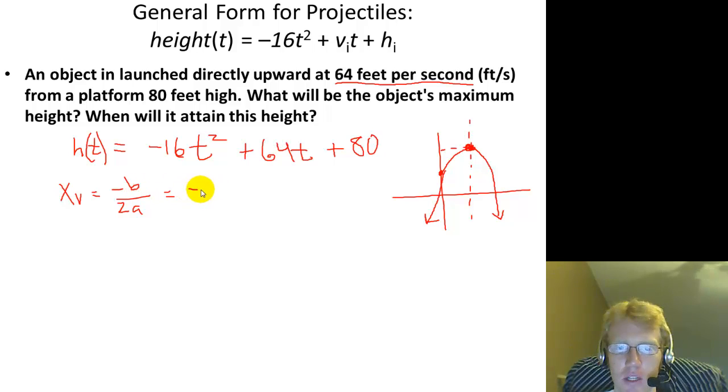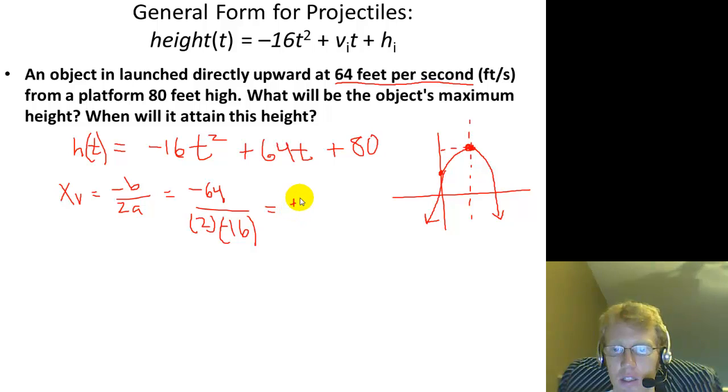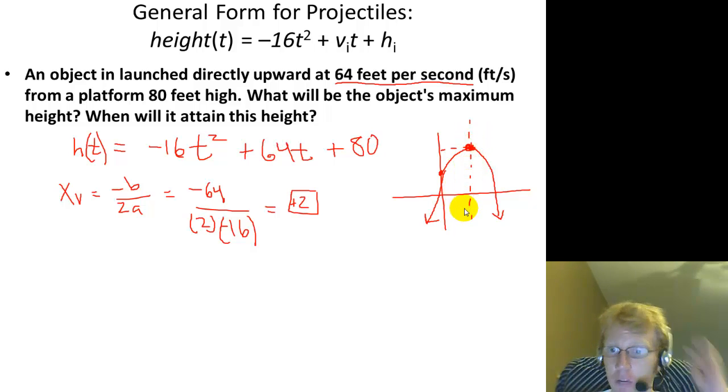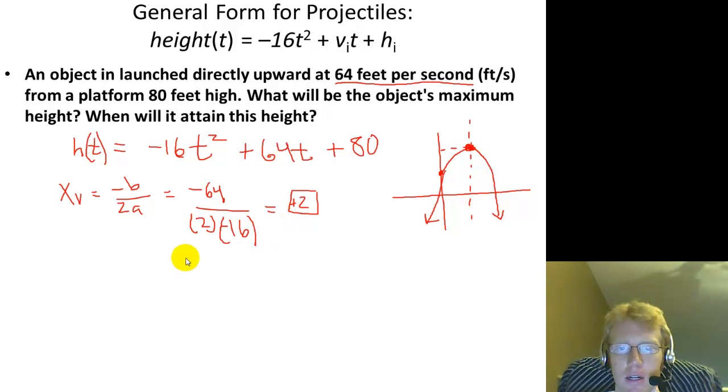So negative b is going to be negative 64 over 2a, which is 2 times the a value, the coefficient in front of the t squared, negative 16. And negative 64 over negative 32 is positive 2. It's important that we make sure that this matches up with our graph. Yes, it is reasonable that it comes out positive because it's going up first.